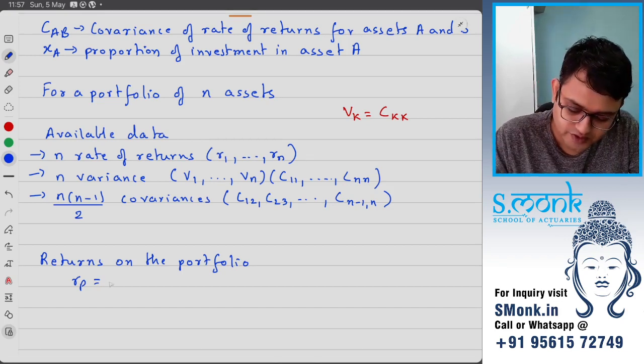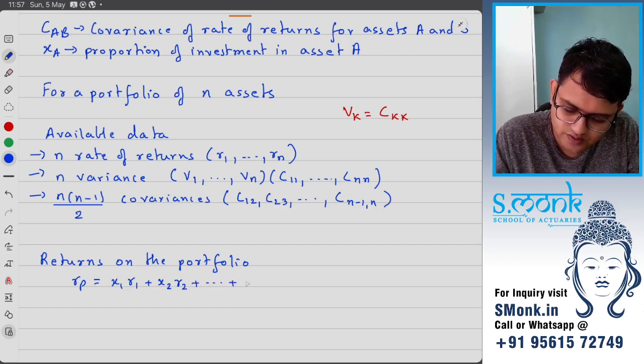So that is nothing but x1 r1 plus x2 r2 and so on, xn rn.